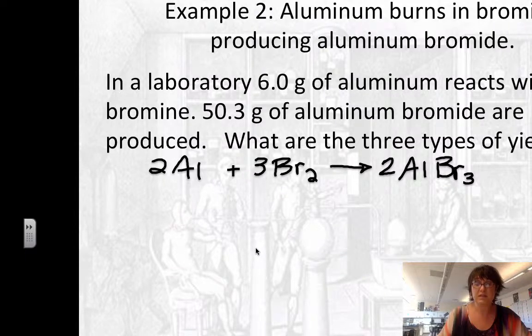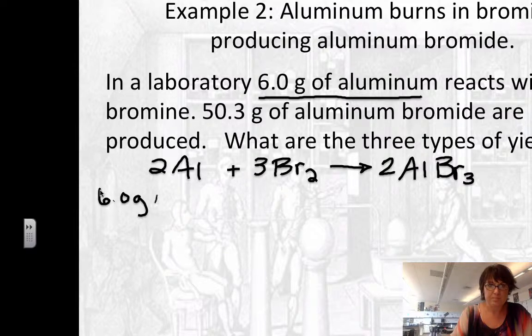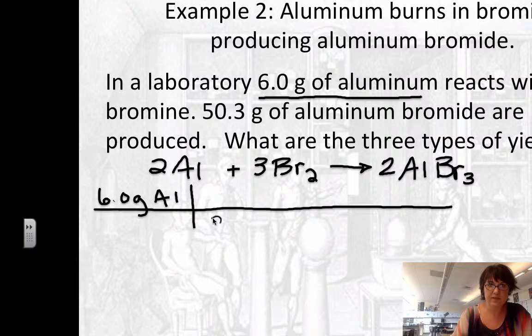Now let's turn the numbers into something meaningful. So if I start with 6 grams of aluminum, then how much aluminum bromide should we produce? Let's find out. 6 grams of aluminum represents how many moles? 27 grams per mole is what the periodic table says for aluminum.